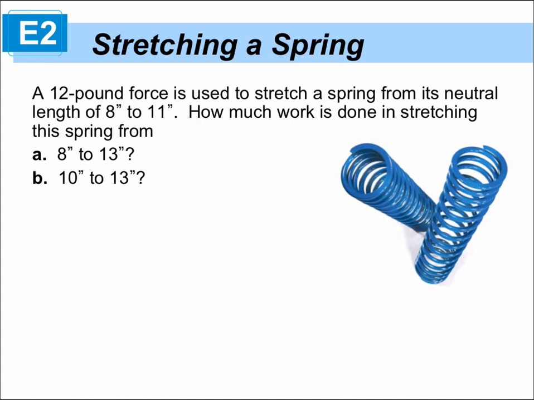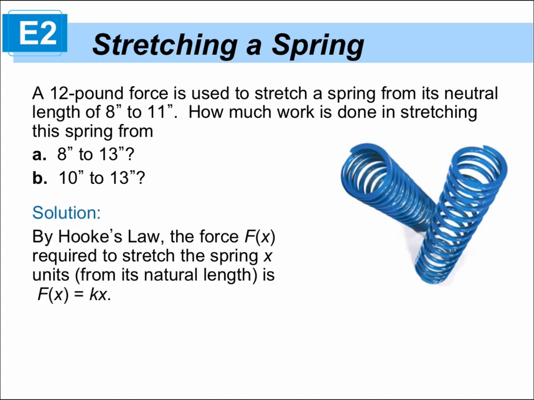Okay. So, first things first, we need to find the spring constant. So F of x, capital F of x, because we're using that for force, is equal to k times x. And with springs, you commonly use this term called the natural length. If you just drop the spring on a counter, that's the natural length.